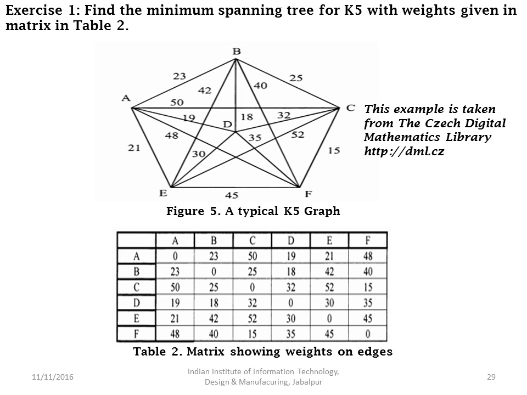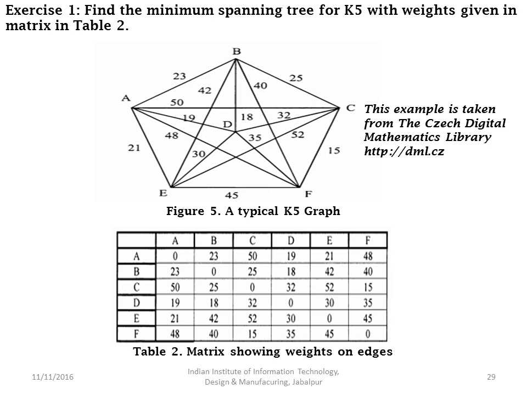So now it's time to take an exercise. Find the minimum spanning tree for K5 with weights given in the matrix in table 2. So K5 is a complete graph which is having 5 vertices A, B, C, D, E, and the edges are given with their corresponding weights assigned to them.